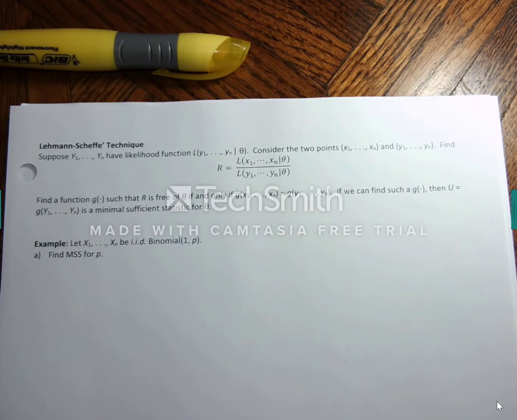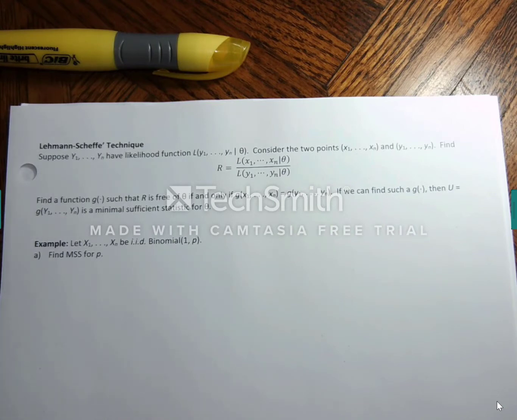We're going to look at the ratio of the likelihood for the x's and the y's, and find a function g such that that ratio is free of theta if and only if g of the x's and g of the y's are equal to one another. If we can find such a function, then u, which is going to be equal to that function, is going to be a minimal sufficient statistic for theta. So we're going to look at some examples of this.